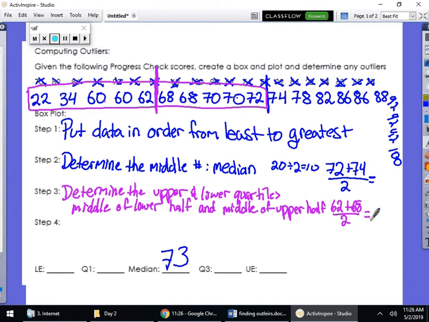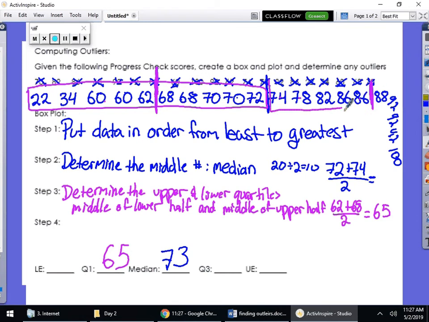So that's going to give me 65. So we add it together, it gives us 130. 130 divided by 2, 65. That's our lower quartile. Then the upper quartile, 1, 2, 3, 4, 5.